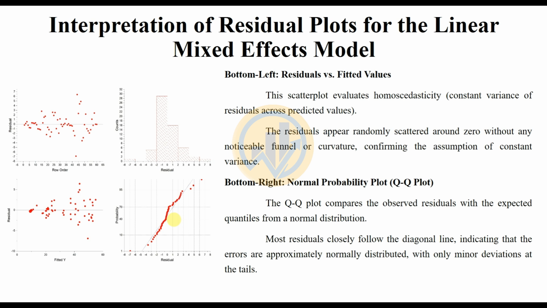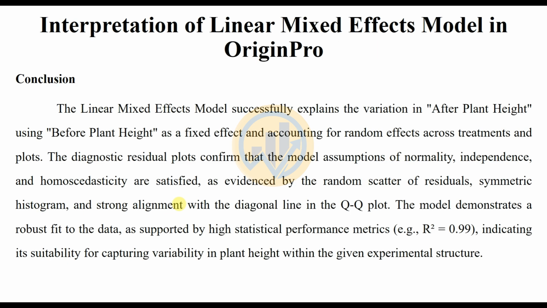The QQ plot compares the observed residuals with the expected quantiles from a normal distribution. Most residuals closely follow the diagonal line, indicating that the errors are approximately normally distributed with only minor deviations at the tails.